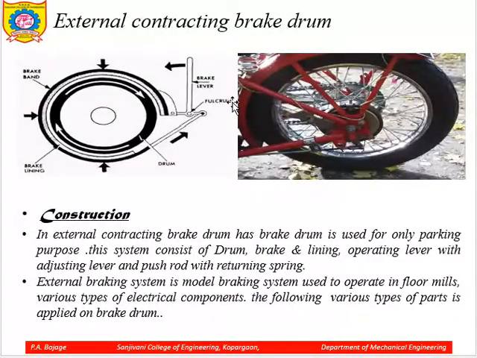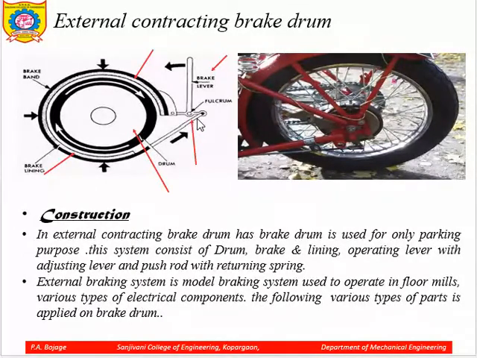Now, like the internal braking system, there is the external contracting braking system. The mechanism is similar, but the difference is this. Similarly, the brake drum is there. There are shoes, which we also call liners, and this is the lever arrangement with a fulcrum.